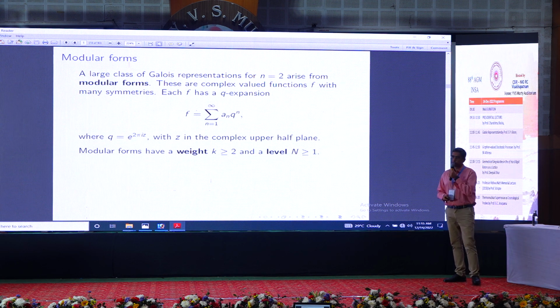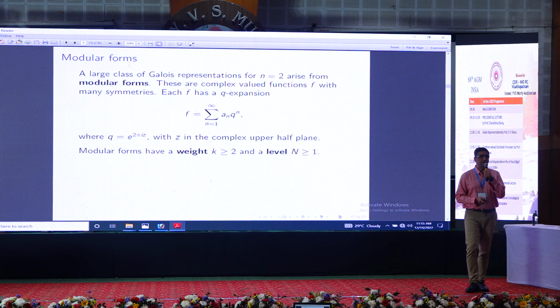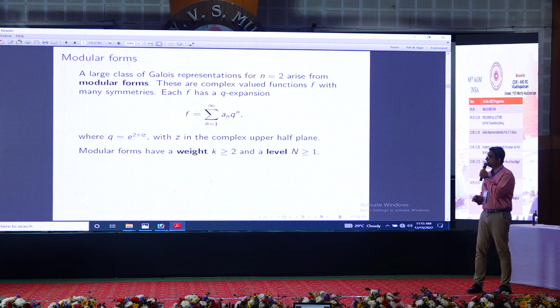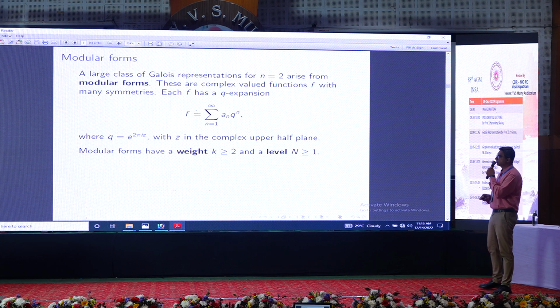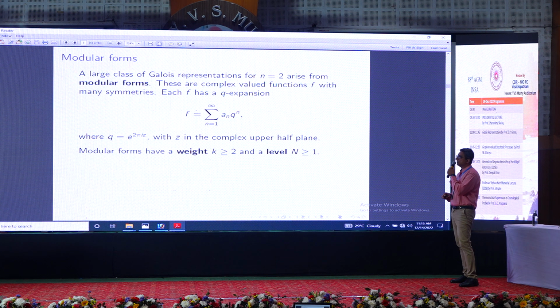And the important thing about them is that they have a Taylor expansion. Some people call this a Fourier expansion, which is not completely right. But you can write such a function as the sum of a_n q^n, where q is equal to e^(2 pi i z), and z is in the complex upper half plane.